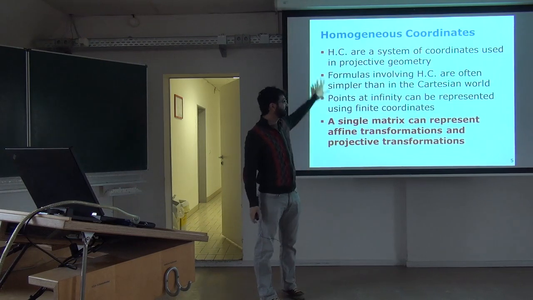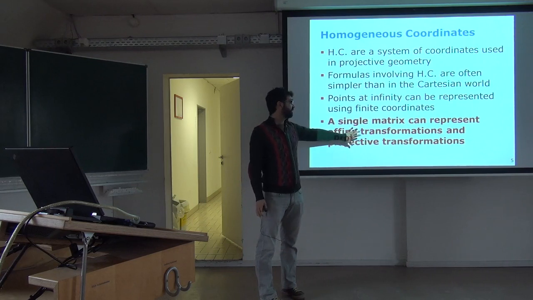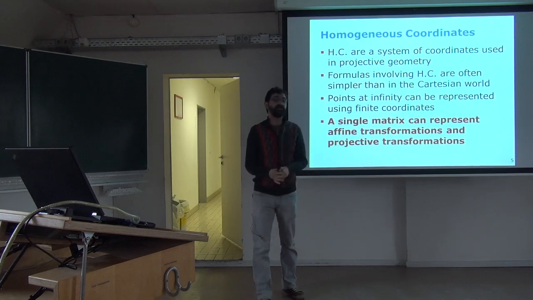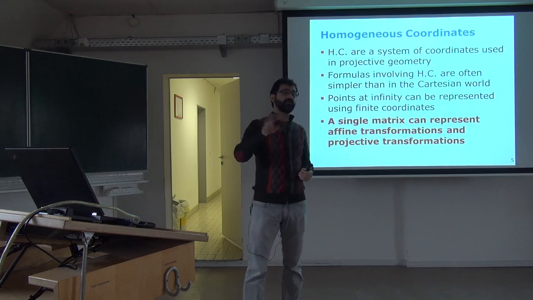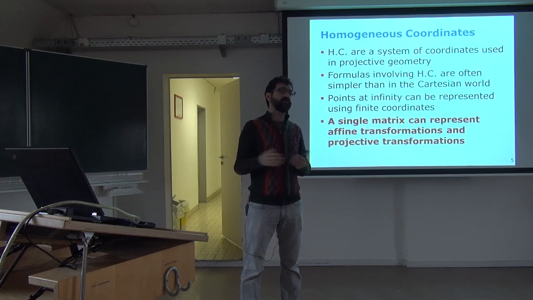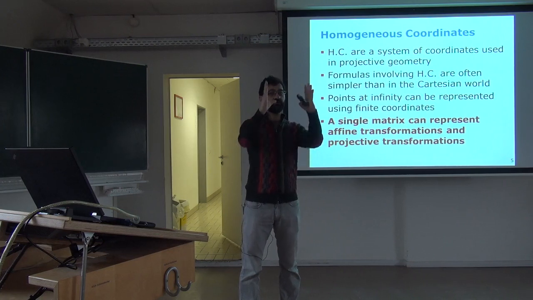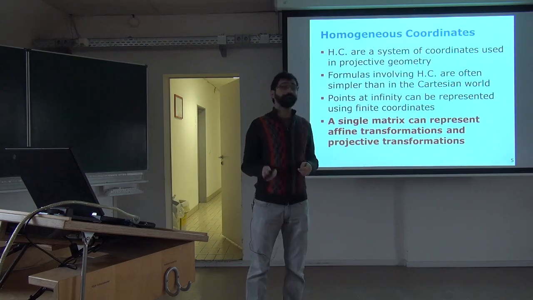But the whole gist of it, the most important thing, is that you will just use a single matrix to represent all possible transformations that you can do in a linear way, all affine transformations of this point. And a subset of these affine transformations is translation, rotation, translation followed by rotation, but you can also make something bigger, so you can scale it up, or you can shear it, so like if you have a rectangle, you can make something like this, and so on.